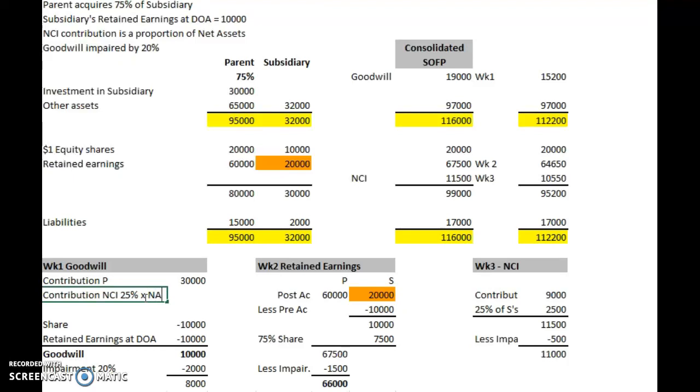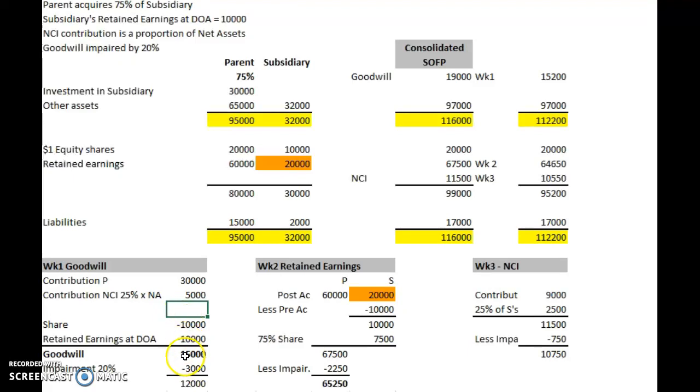The net assets were the 10,000 equity shares, and then on top of that we had the subsidiary's retained earnings at the date of acquisition, which was another 10,000. So that means our contribution now from the NCI is only £5,000. So that's a drop from the 9,000 we previously had.